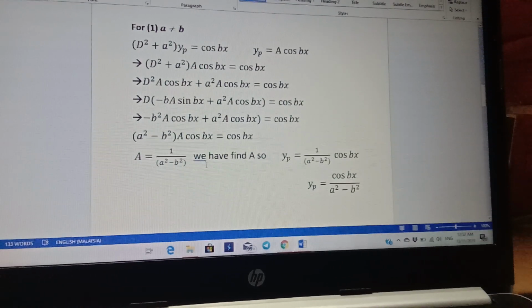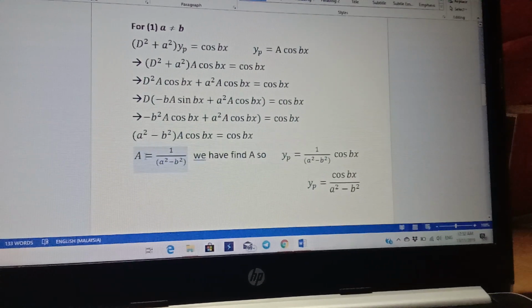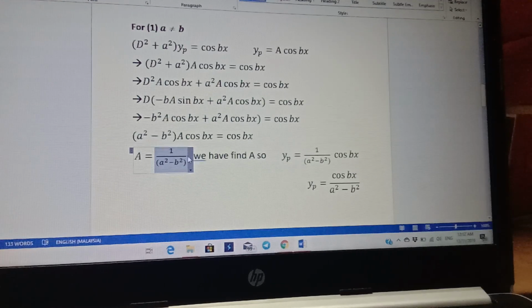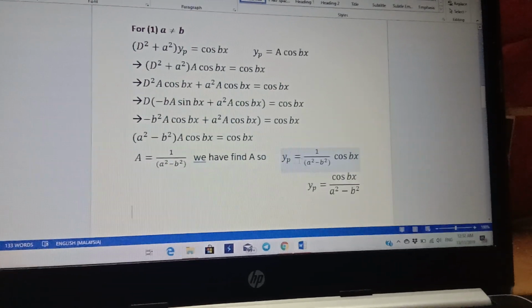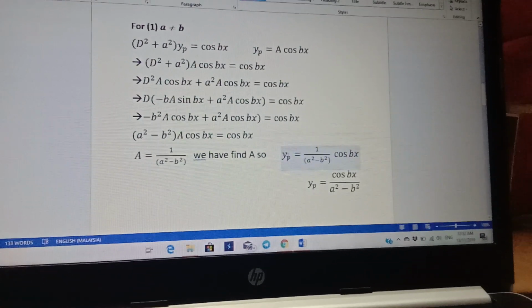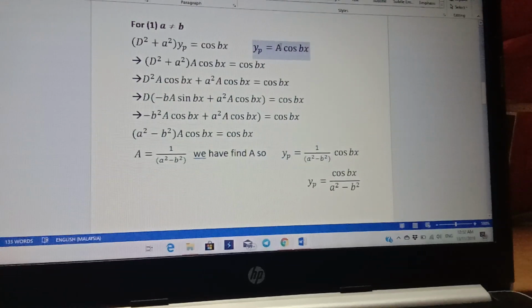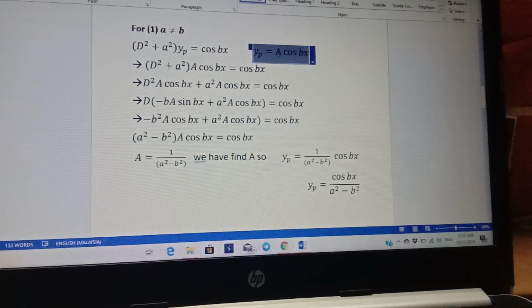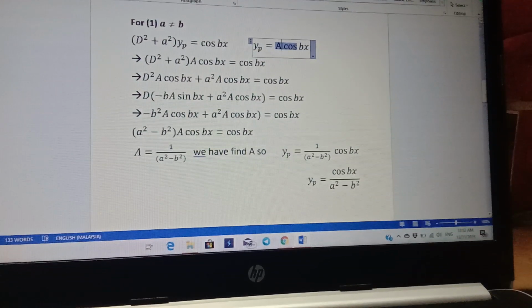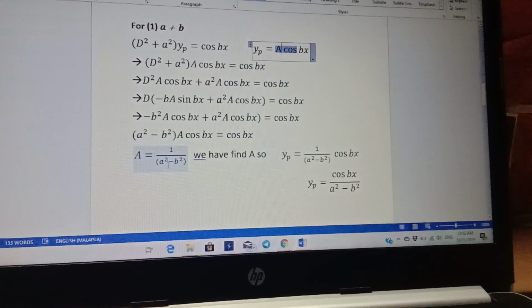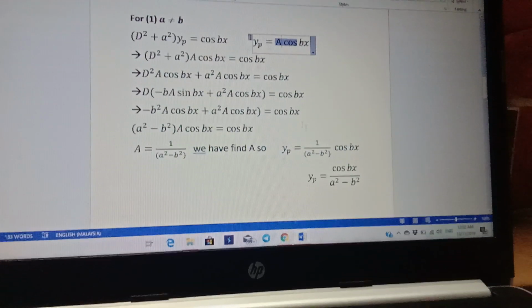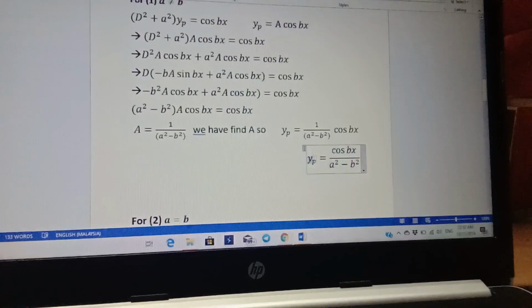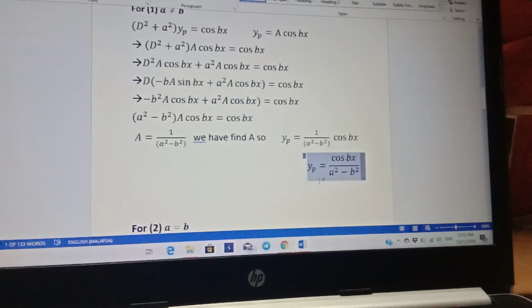So we have found A. A is 1 over a squared minus b squared, right? So for yp, we can just substitute: A becomes 1 over a squared minus b squared, and the final yp is cos bx over a squared minus b squared.